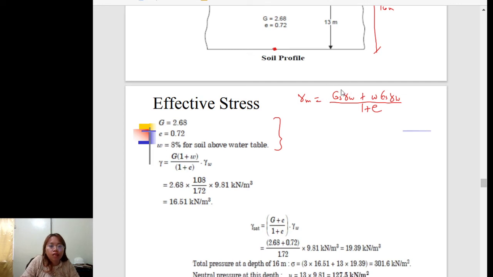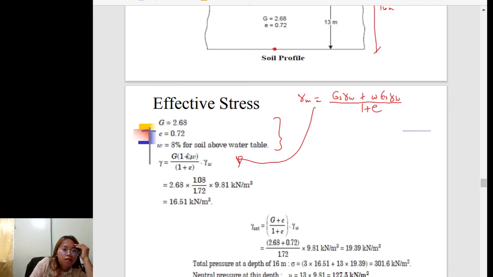As I discussed before, this one is due to the soil mass, and this one is due to the water. So actually it is the same as this formula. If you look at it, this is the same.